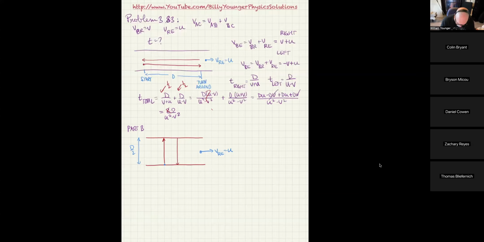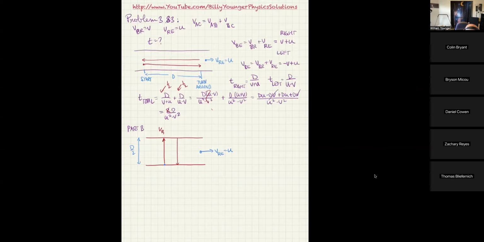So I would like to write this arrow exactly on top of the other arrow because that's what it has to be technically. But in order to do that, we've got to aim the boat not perpendicular to the path, but at an angle to make sure it goes directly across. So the velocity with respect to the water is going to have to be just plain v.